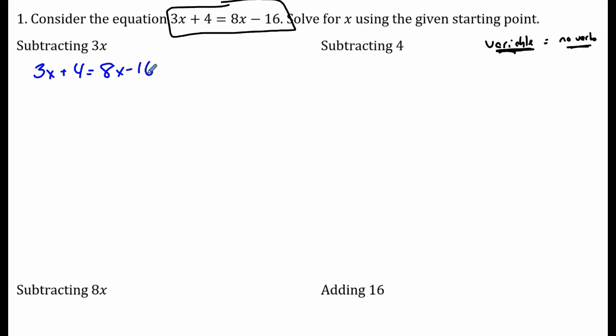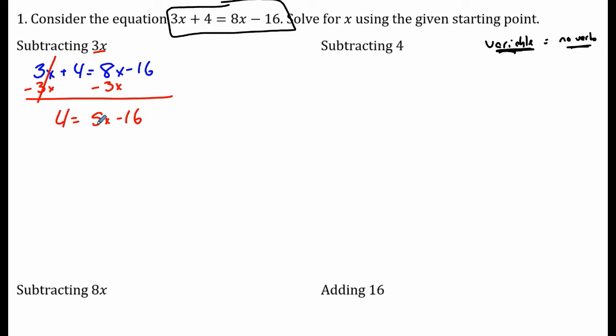There are 4 different good starting points, and the first one I'm going to have you do is subtract 3x from both sides. So using the addition property of equality, I can subtract 3x from both sides. That goes to 0, and I get 4 equals 5x minus 16. Now, isn't that like those two-step equations we solved yesterday? Well, let's get x by itself.